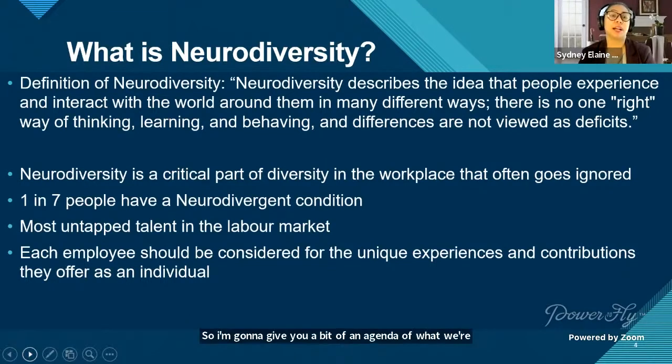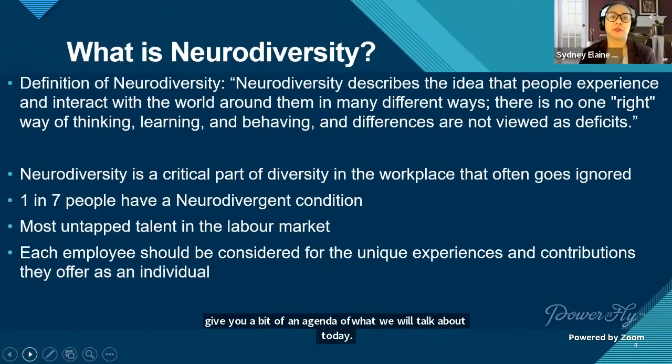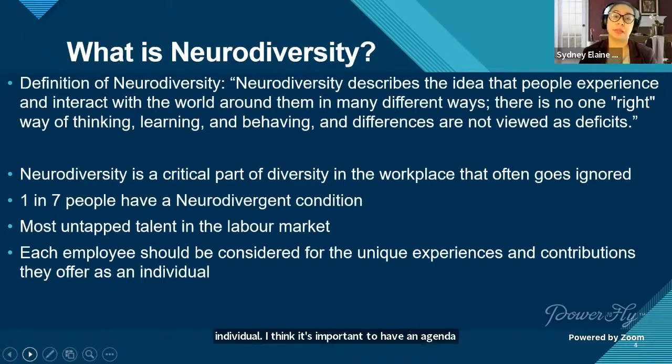It is still the most untapped talent in the labor market, and this goes hand in hand with people with disabilities, but also within disabilities, it's still the most untapped because of the nature of it being invisible. And employees should be considered for the unique experiences and contributions they offer as individuals, and not just used as tokenism, like, hey, we need a neurodiverse candidate. Everyone has something to offer and everyone has unique skill sets. They just also happen to be neurodivergent.